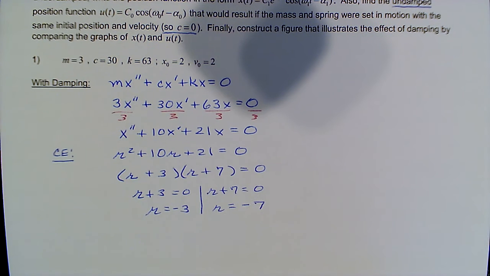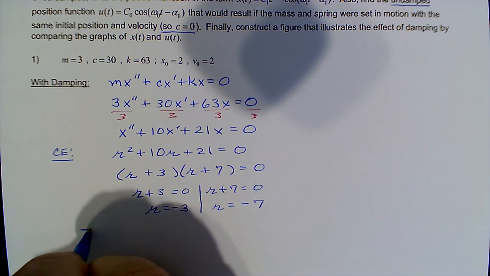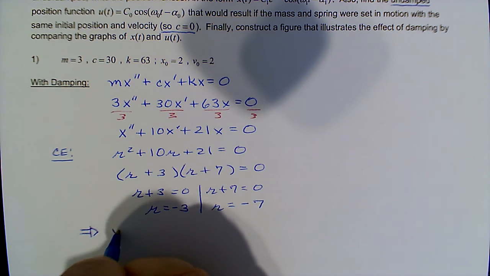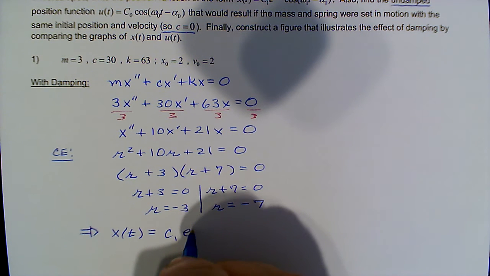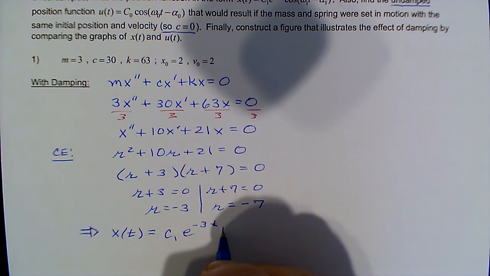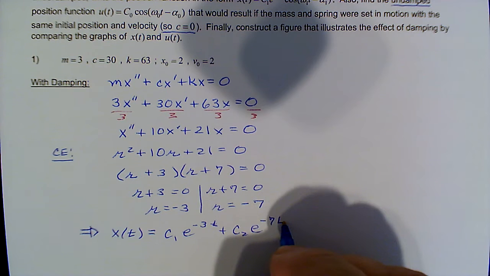And so that actually corresponds to the overdamped situation, where our general solution, x of t, is going to be of the form c1 e to the negative 3t plus c2 e to the negative 7t.